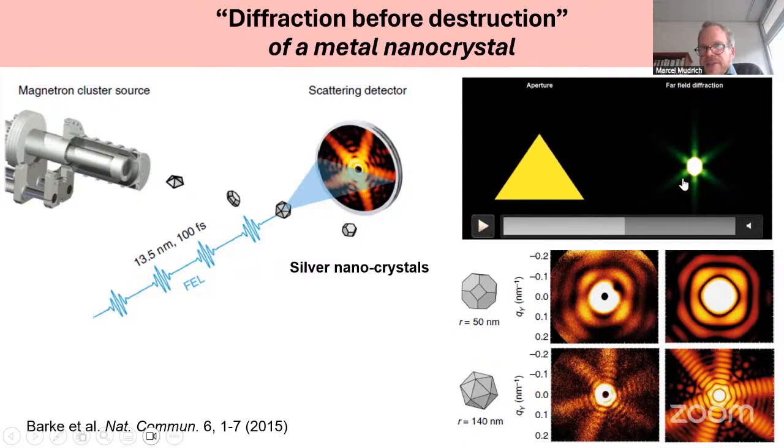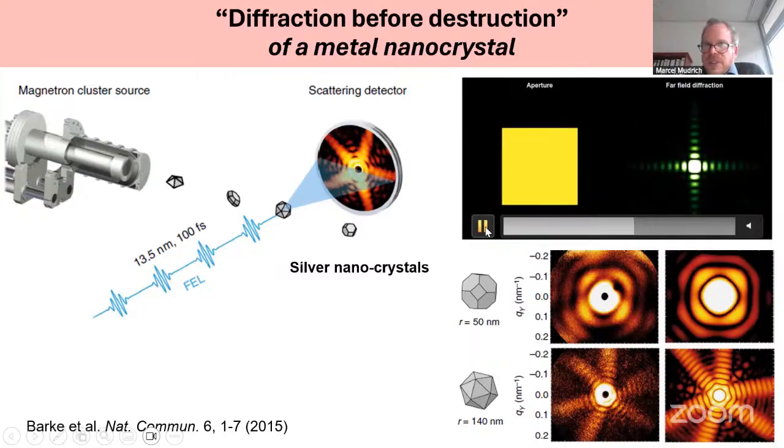For a triangle, we get structures like this. So this looks more similar to the icosahedron, because you can see the icosahedron has this triangle as a basic geometrical structure. For a square, it's more square-like.